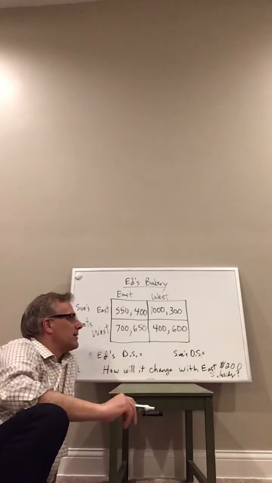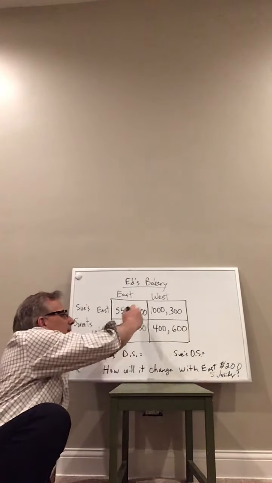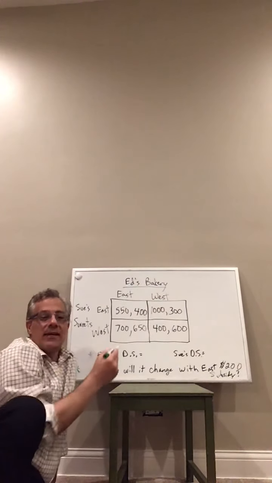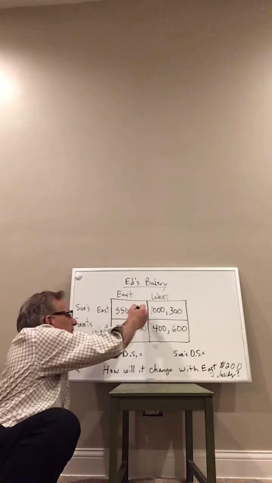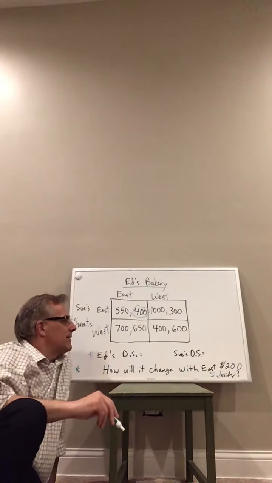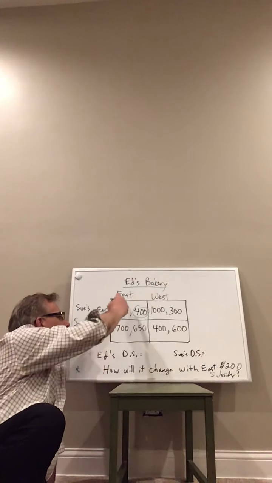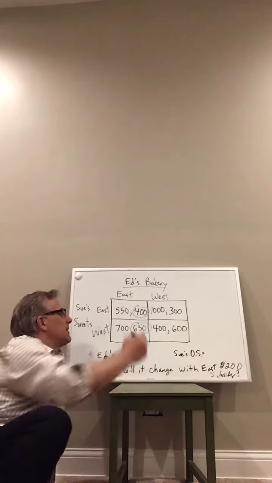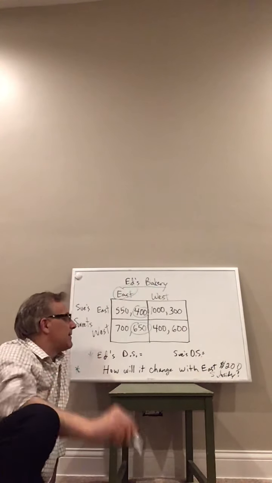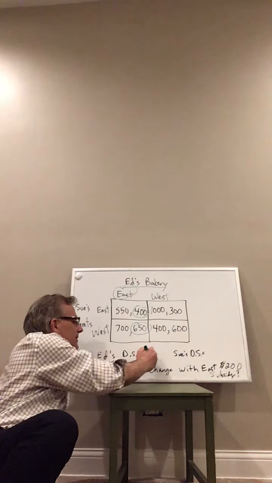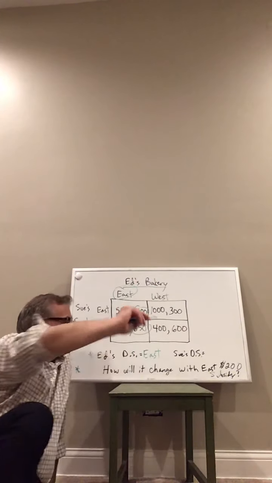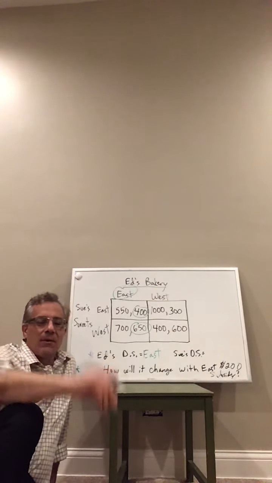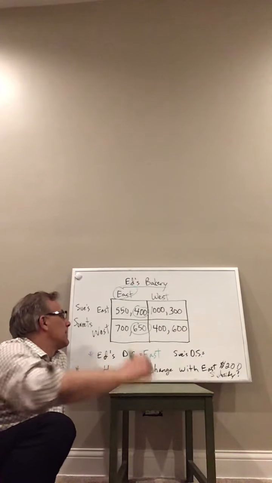If Ed's opens in the east, he can do 400 versus 300 in the west for this scenario, so 400 wins. And for this scenario, 650 is better than 600. So Ed's has a dominant strategy of opening in the east. Okay, off to a smoking hot start here.